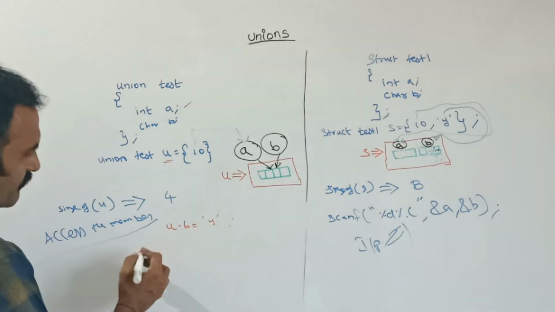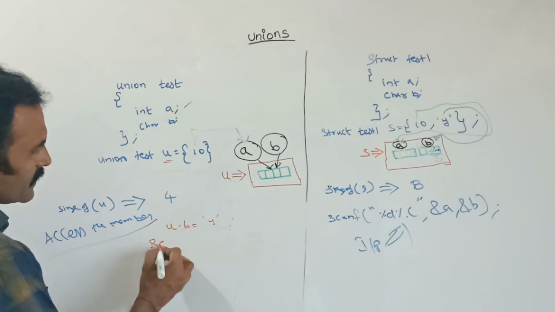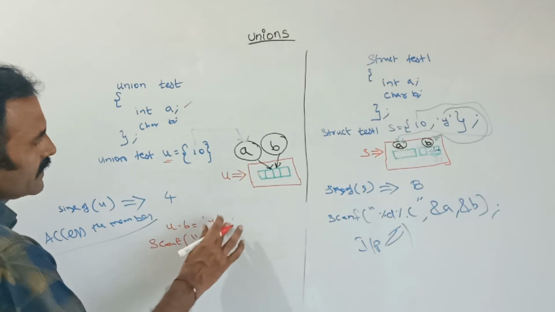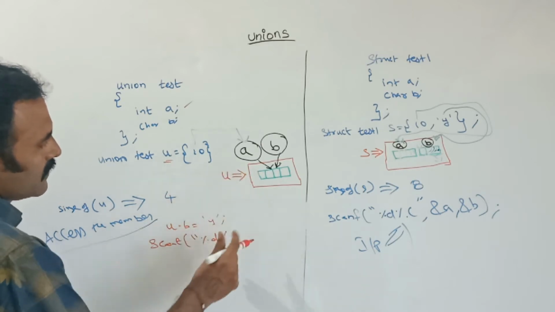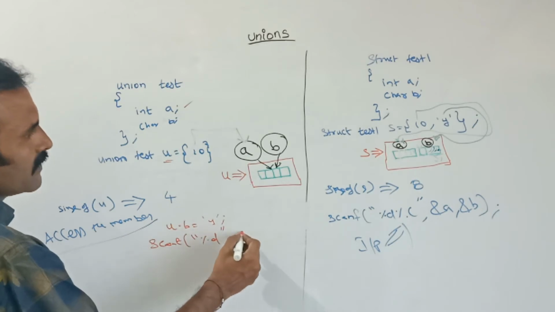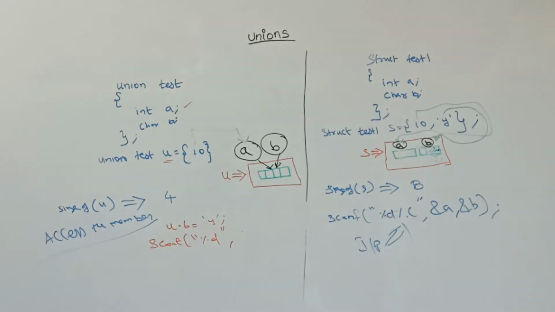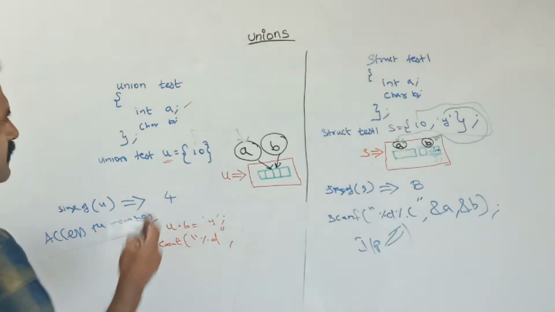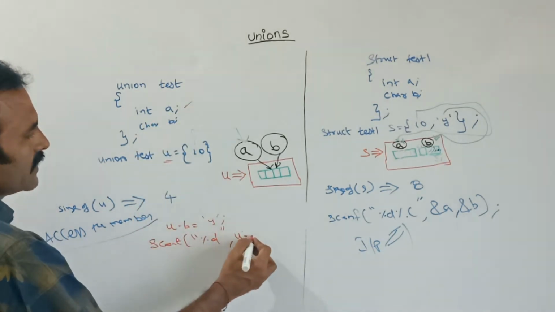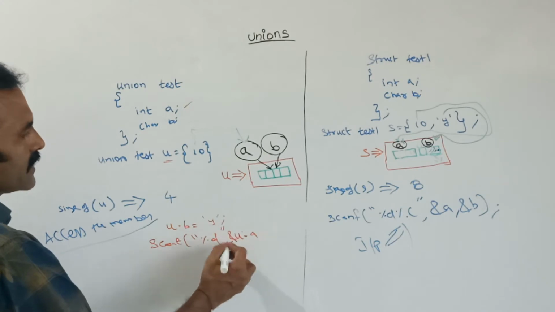Very first, percentage of d. Here we can give the value for which one? Before that, how can we access the member? We can access the member by using u dot a, which is the integer data type.